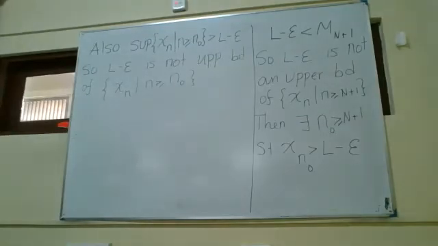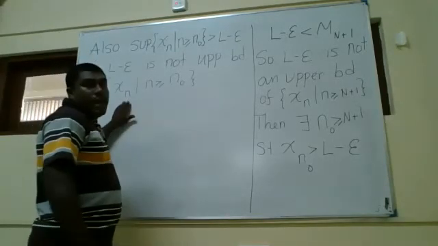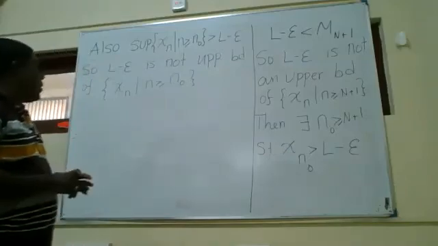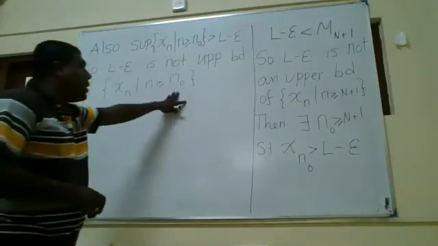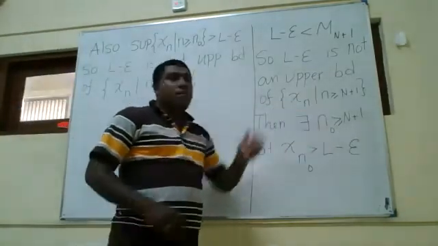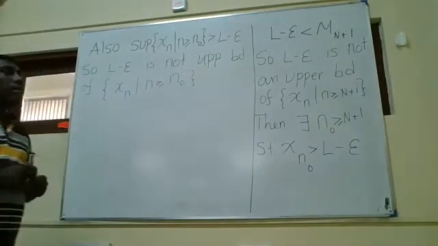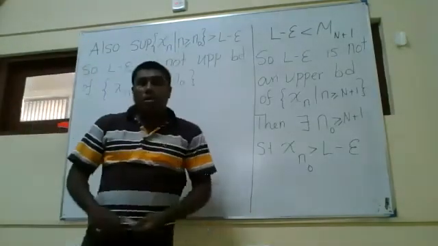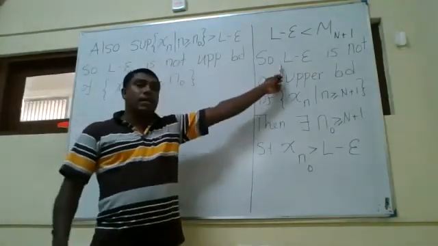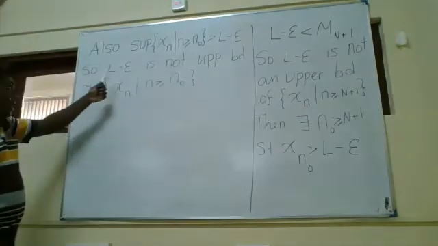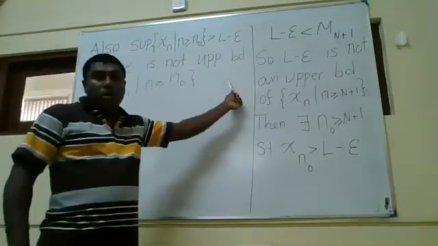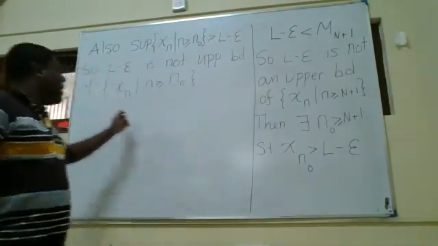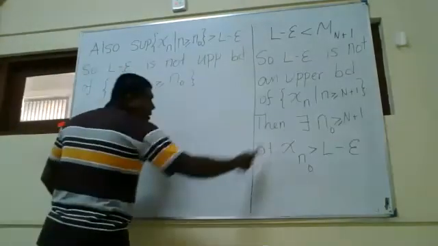Right. So you notice that because you pick xn, n greater than n naught, as a subset, the supremum of that is larger than L minus epsilon. So same argument like this, right? L minus epsilon cannot be an upper bound, right? So if that cannot be an upper bound, then you follow the same argument.